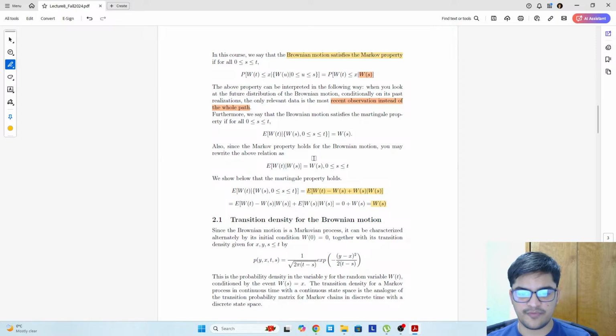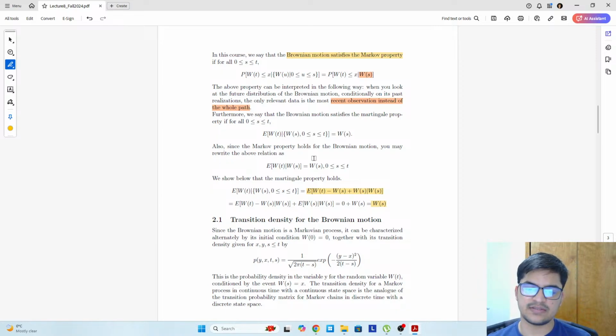So if the nth process has happened and we know the nature of it, the event at the n plus 1th instance is just dependent on the nth event.